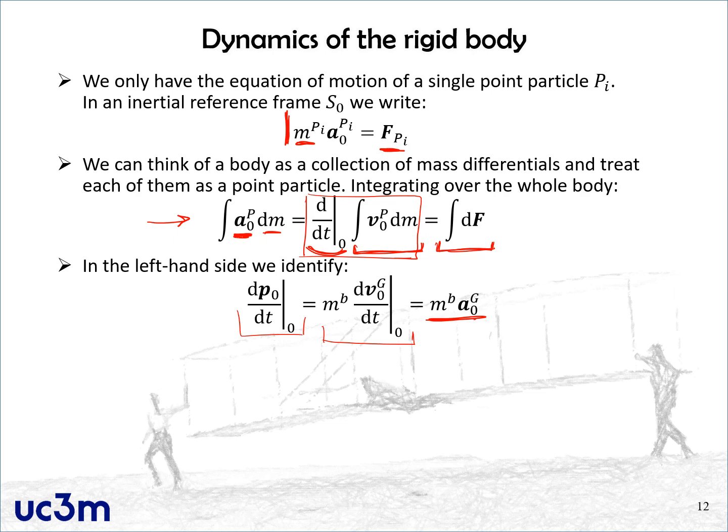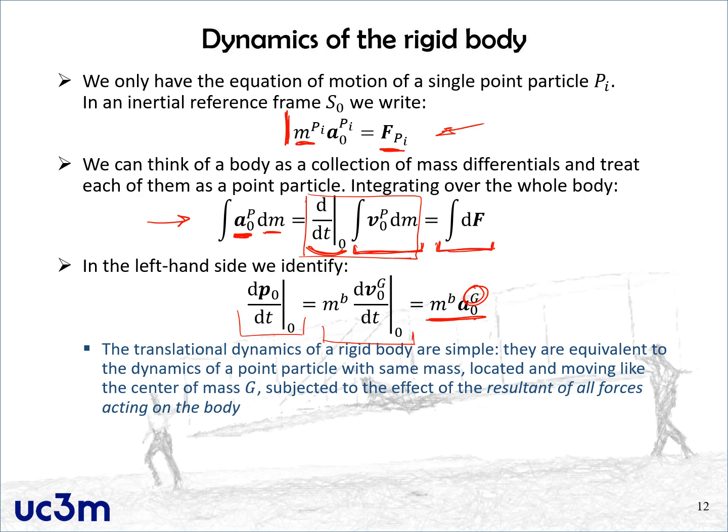Okay, now this is very convenient. This means that if we sum the equation of motion of all the particles in the rigid body, we get a similar expression that basically refers to the dynamics of the center of mass of the rigid body. Okay, and that will be our first equation. This doesn't pose any difficulty.